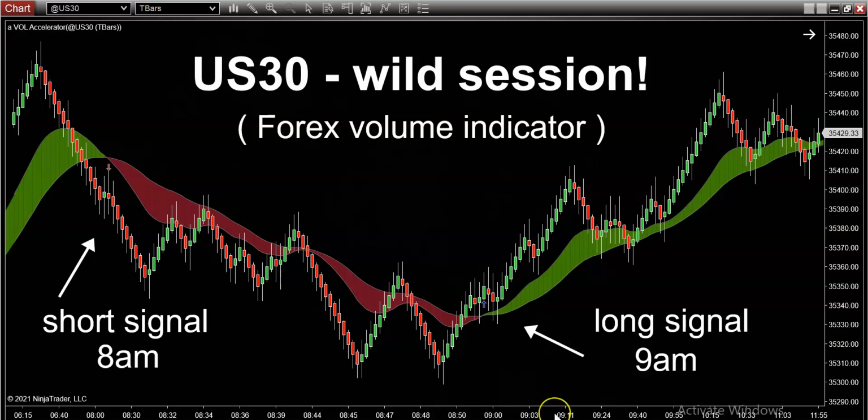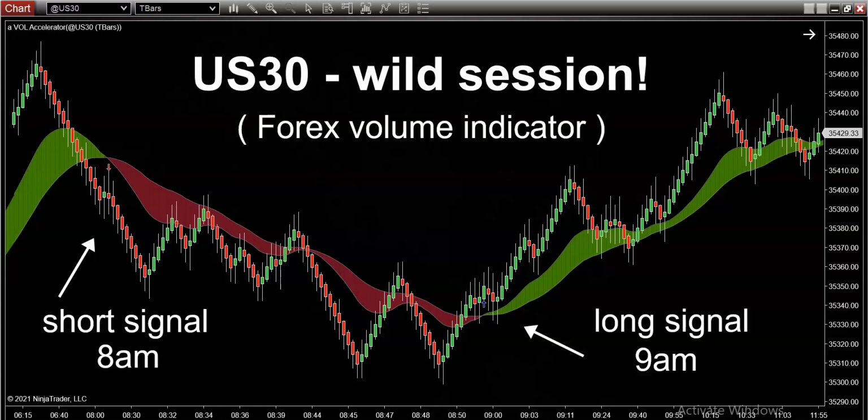What I can tell you in my own personal journey of mastering Forex technical analysis is that the Forex indices, like the US 30, the SPX 500, the NAS 100, blow away the traditional currency pairs like GBP New Zealand, Euro USD, GBP JPY, all the traditional Forex currency pairs that you guys are used to.